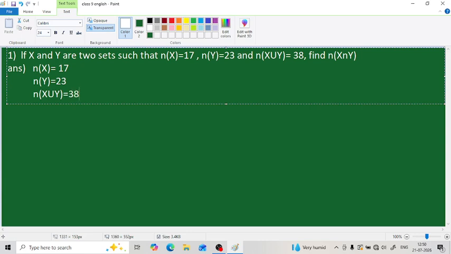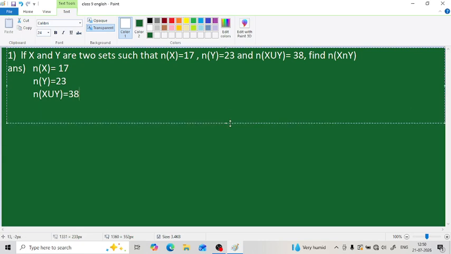And we don't know the value of n of x intersection y, isn't it? So we write n of x intersection y equals question mark. We don't know the value.